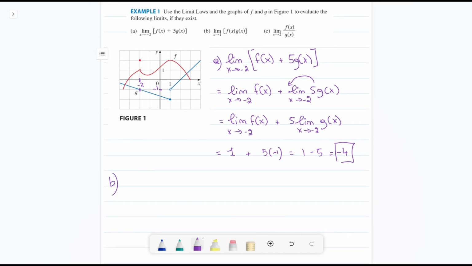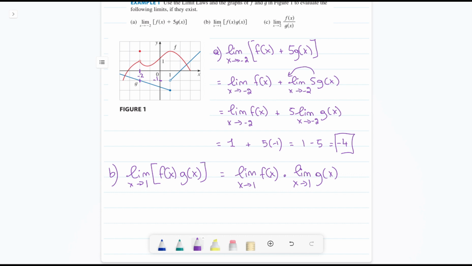Now let's move on to part B. Limit as x approaches 1 of f of x times g of x. Again, using limit laws, we can separate this into limit of f of x as x approaches 1 times limit of g of x as x approaches 1.